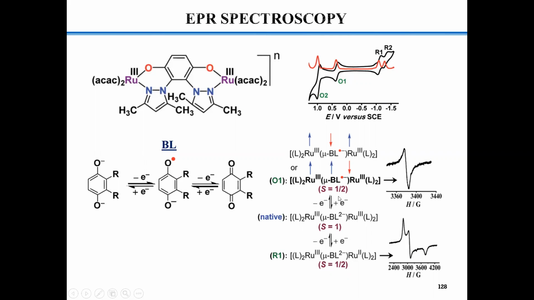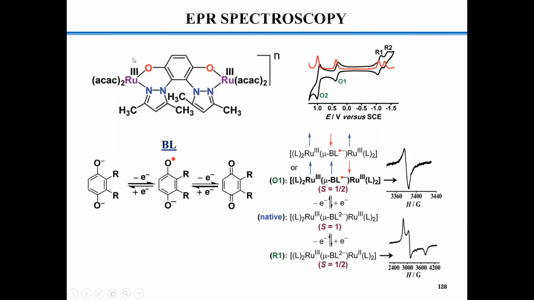But if you go for oxidation, then you have 2 possibilities, because the bridge is in the fully reduced state. The bridge can be oxidized successively from dianionic to neutral via the radical intermediate, or the metal could be oxidized.